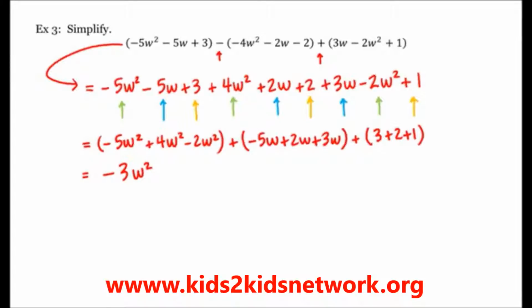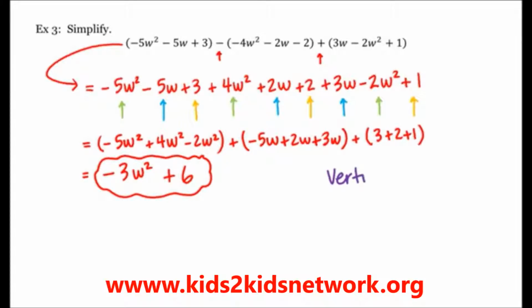And then we have plus negative 5w plus 2w plus 3w is 0w, which we don't write. And then we have plus 3 plus 2 plus 1, which is plus 6, which would be our answer.